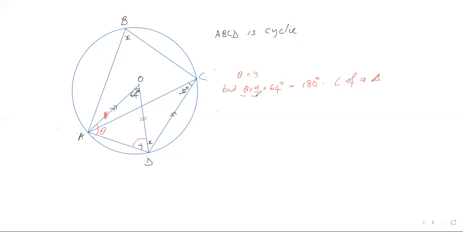Therefore, because these two quantities are equal, I'm going to write them in terms of 2Y plus 64 is equal to 180. Don't forget that theta will equal to Y there. So I write Y plus Y is 2Y. Then 2Y will equal to 180 degrees minus 64.